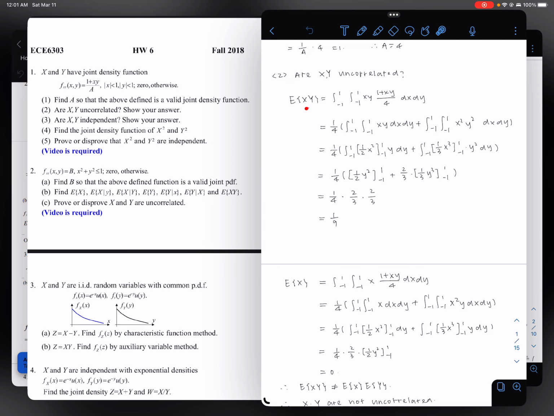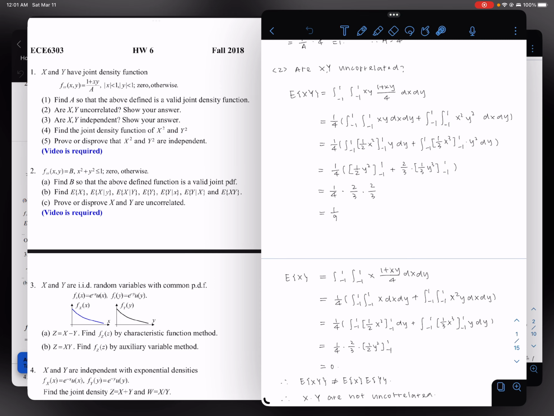To get the expectation of xy, we simply move the random variable xy into the integral and then multiply with the joint density function, and we have 1 over 9 for the expectation of variable xy.